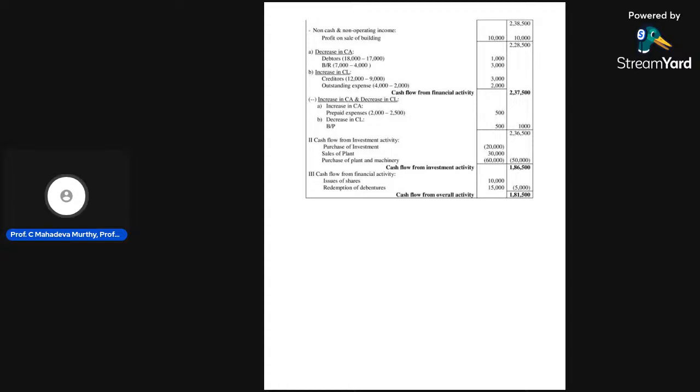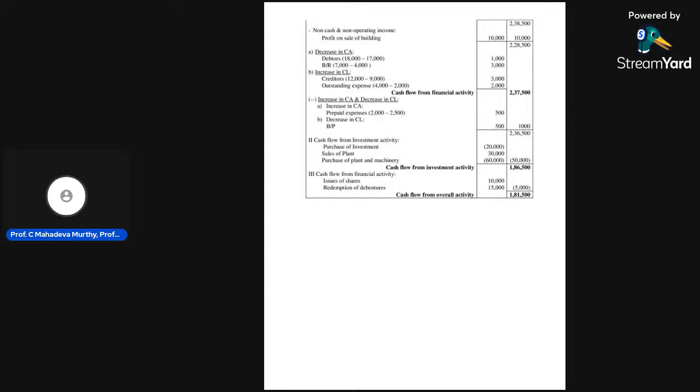Add both the decrease in current assets and the increase in current liability. The total is 1,000, 3,000, 3,000, 2,000, that is 9,000.